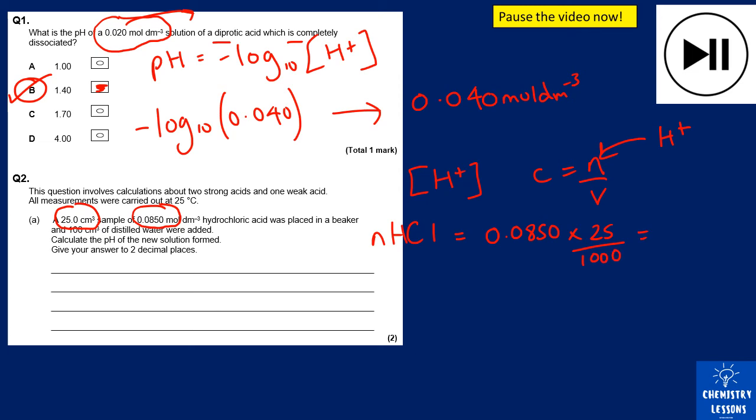And if I put that into my calculator, 25 over 1,000 times by 0.085, my moles of HCl here is 2.125 times 10 to the minus 3. Now I know that that's also the moles of H plus because this is a monoprotic strong acid. So my moles of H plus are 2.125 times 10 to the minus 3. So I know my moles of H plus.